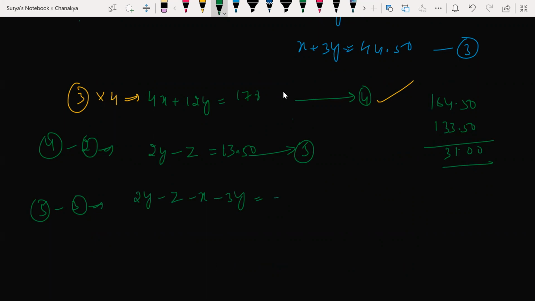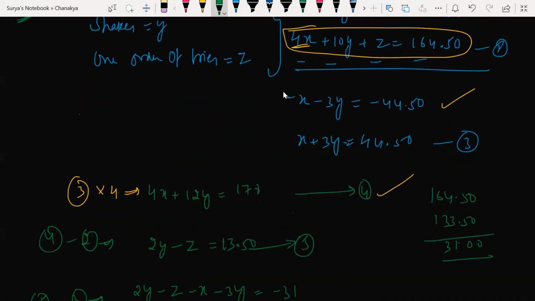Minus 31, right? So minus x, minus y, everything you are getting negative, so both sides negative will get cancelled. 31 only. Yes, 31 is the right answer. I made a mistake here only. Look at it, 178 I didn't write. I just multiplied it by 3.